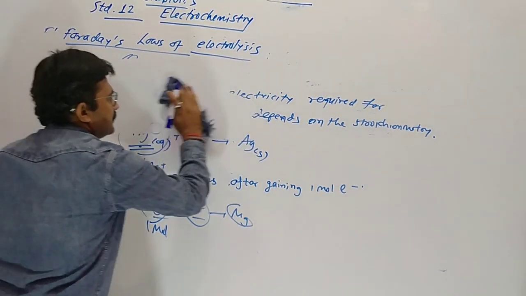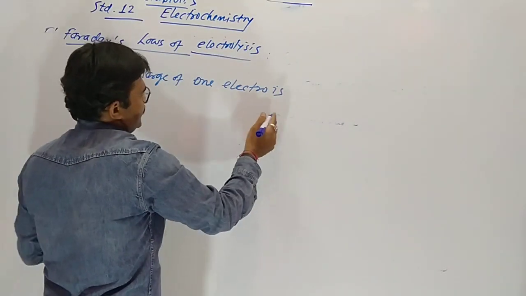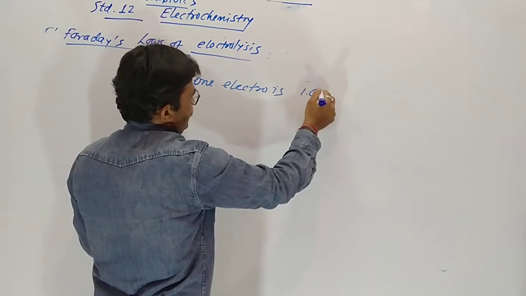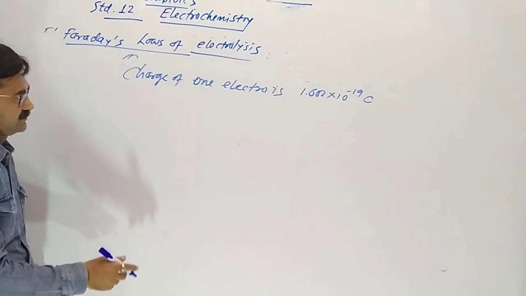Now, charge of 1 electron is 1.602 × 10^-19 coulomb.